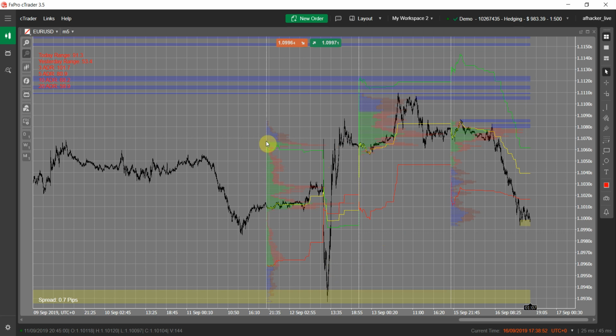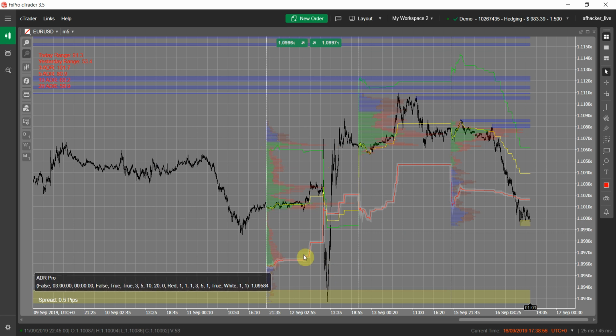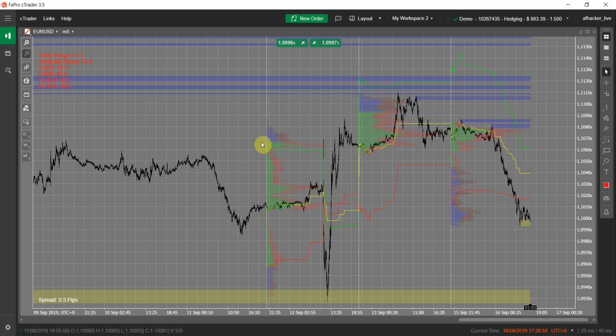From here to here is the value area, where 70% of the trading volume happened, and outside this area there was not much trading volume. So whenever price crosses this red line and goes out of the value area, that's the time you will trade.